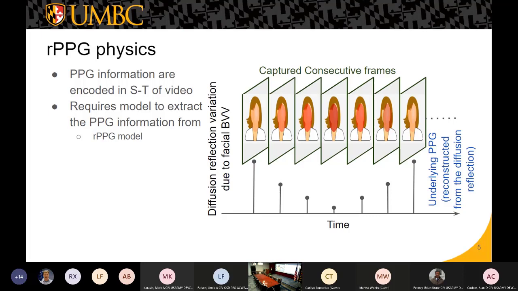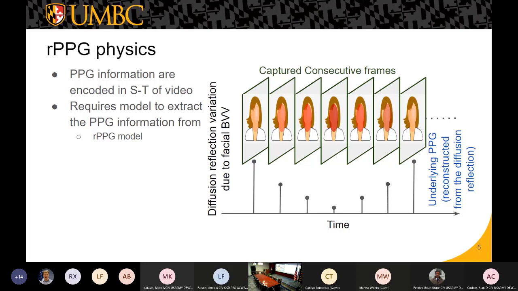This RPPG signal is in the spatiotemporal region of the video. The idea is clear that we need video, because one image gives just one reflection, which does not give away the whole time series data. So we need a series of frames to see how the heart rate works. Like what doctors do: they capture and then count for one minute how many times the pulse beats.